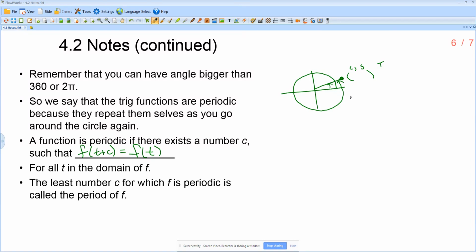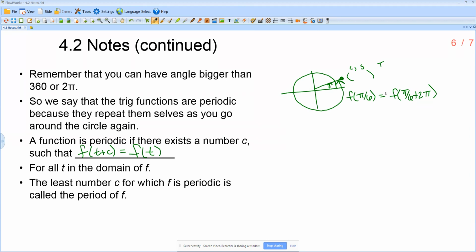So like here, f of pi sixths is going to be the same as f of pi sixths plus 2 pi. Because here I have pi sixths, and all the way around here I have pi sixths plus 2 pi.